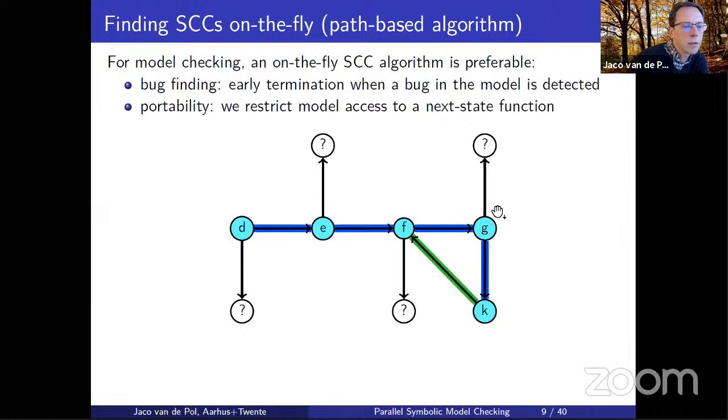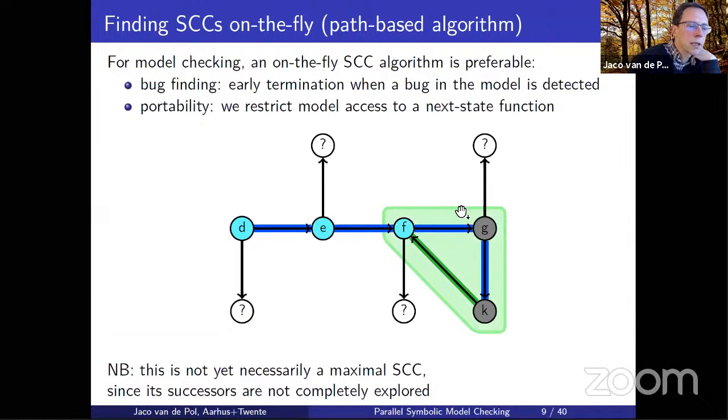So we have detected the loop, and we can glue these states together and say this is in the same SCC. Of course, it doesn't have to be a maximal SCC, because there are still some open successors. This one has not been explored yet, and this one has not been explored yet. So its successors could belong to the same SCC. So maybe this has to be larger, but at least these three belong together.